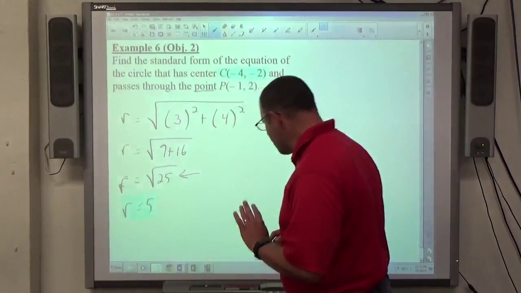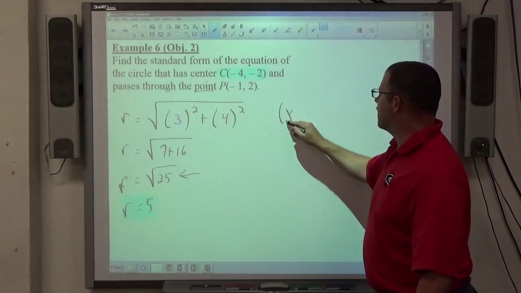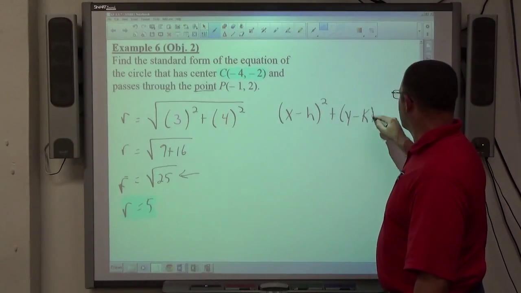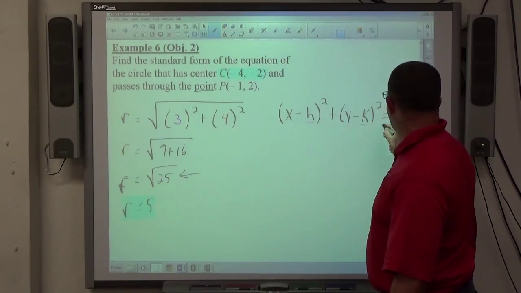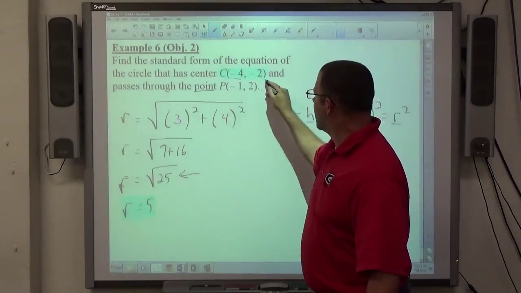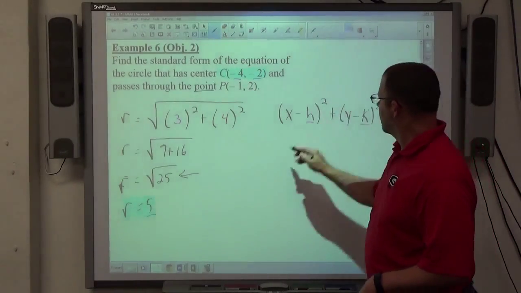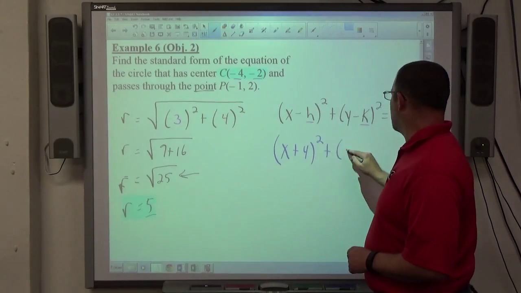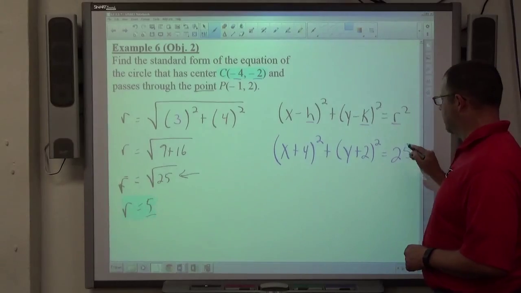All right. So I know my center, I know my radius, and again my structure is (x minus h) squared plus (y minus k) squared equals r squared. My job is to replace h, k, and r with the given values. So if I do that, (x plus 4) squared plus (y plus 2) squared equals 25.